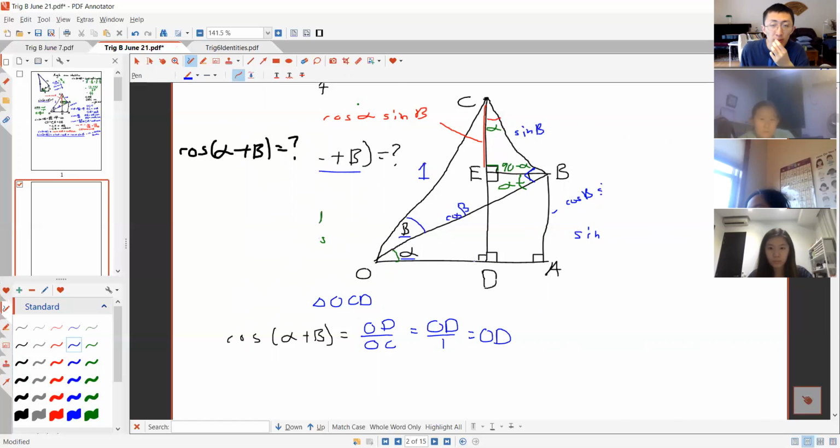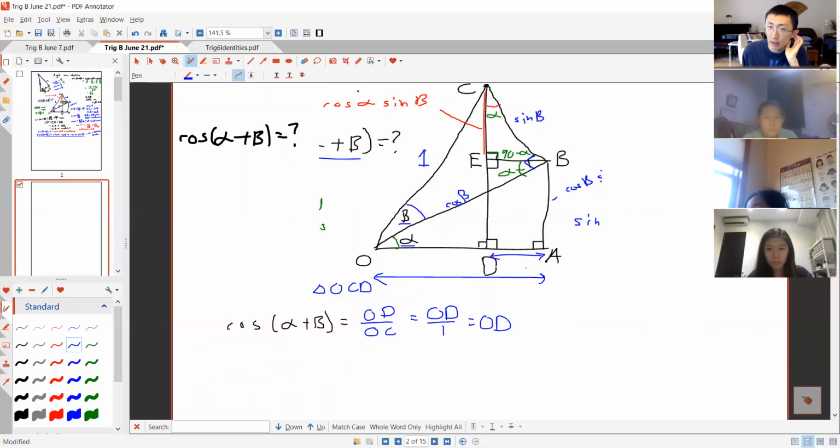So similar to before, we'll find OD using some other triangles we know. In particular, we can find DA, and we can find the whole length, OA. So we'll actually be writing OD as OA minus DA.